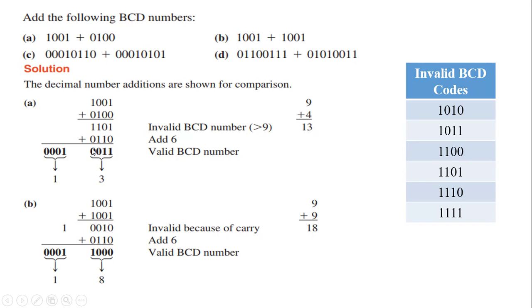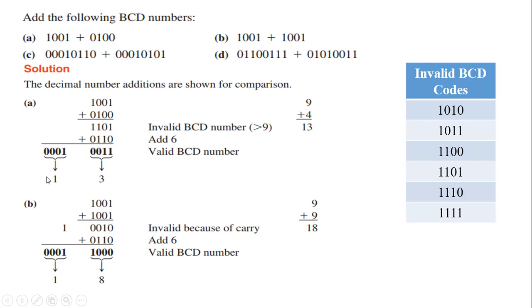So the 4-bit group generated a carry, so it will be moved to the next group. So the sum becomes a valid BCD, and this becomes the BCD of 1, 0001. So 13. The sum is 13. In decimal, 9 plus 4 is equal to 13.